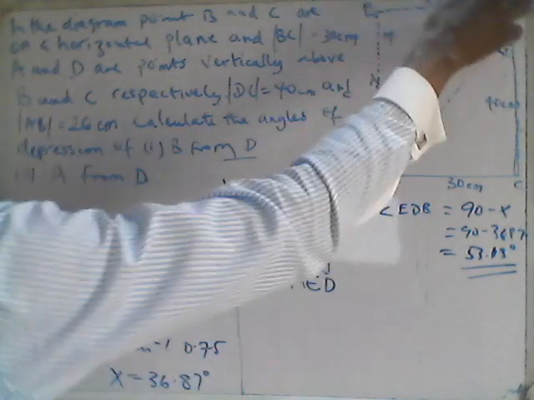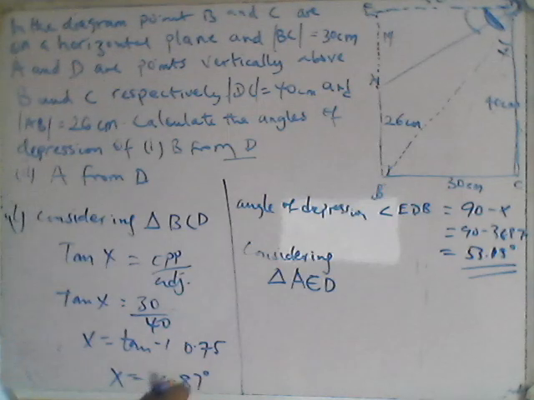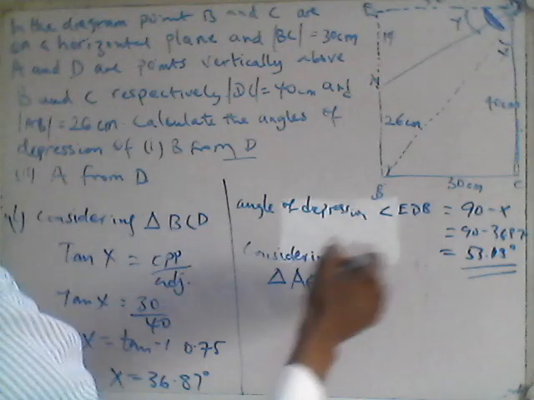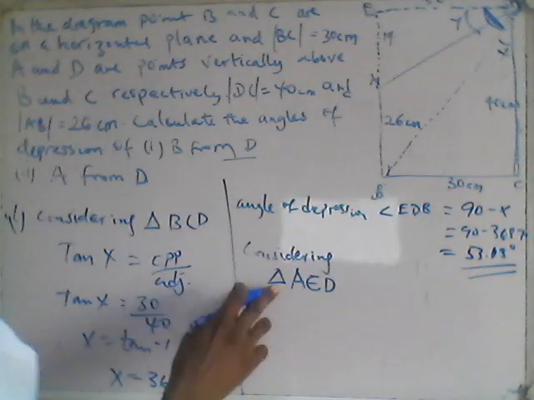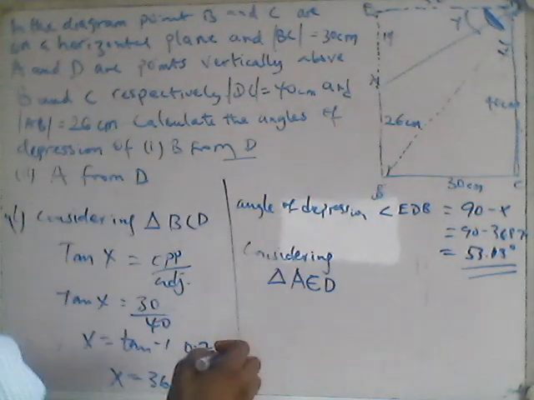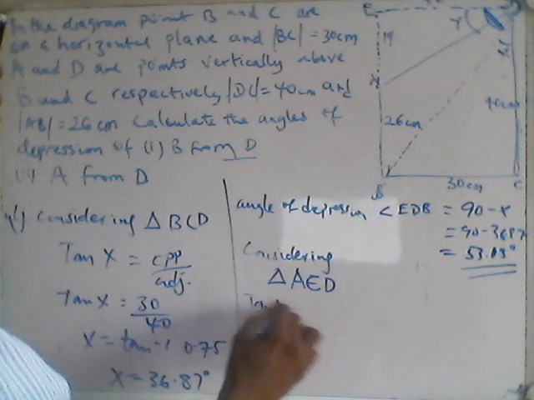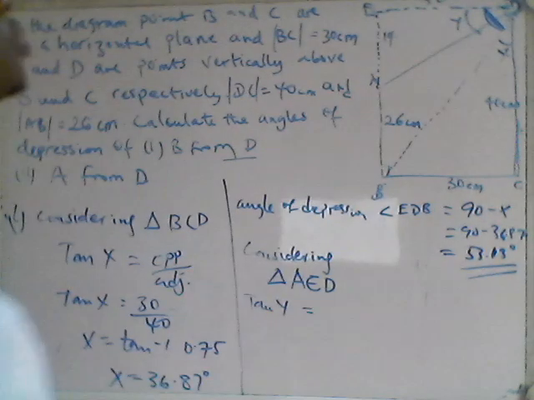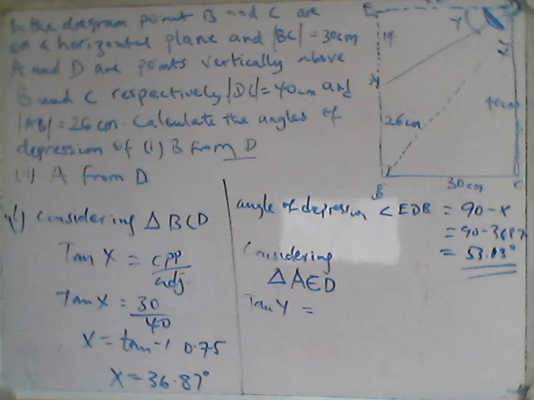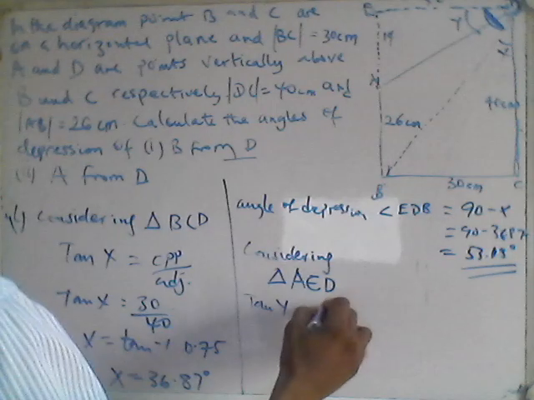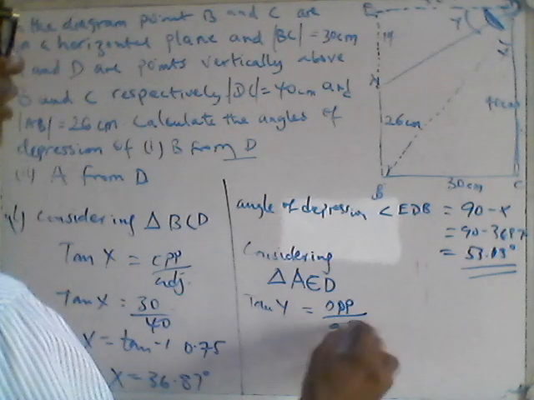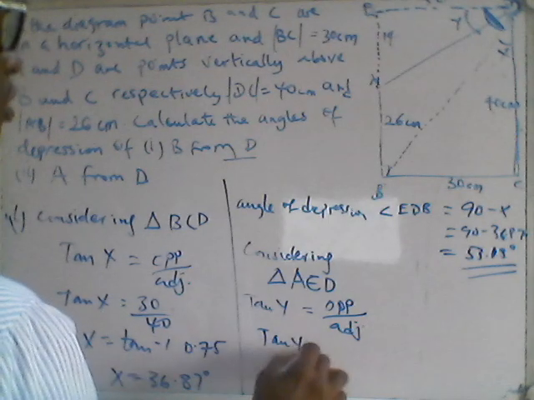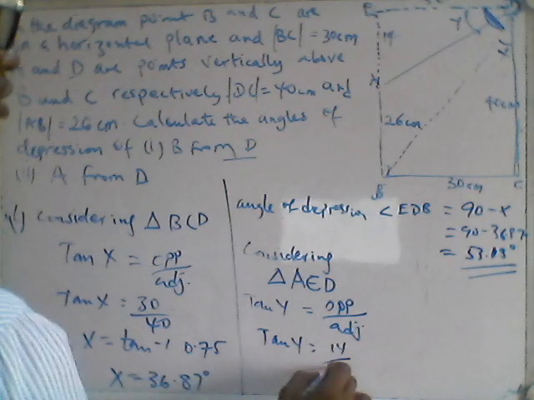I'm going to look for the angle of depression at A from D. Okay, so let me call that angle Y. So if I'm considering triangle AED, I see that tan Y, which is this one, is equal to opposite over adjacent. So tan Y is equal to opposite is 14, adjacent is 30.